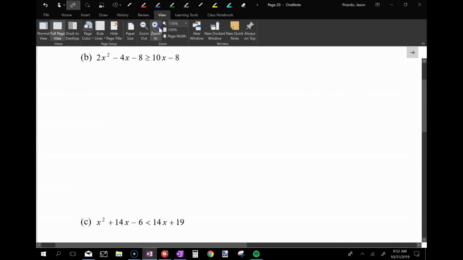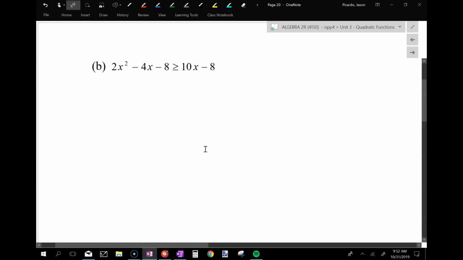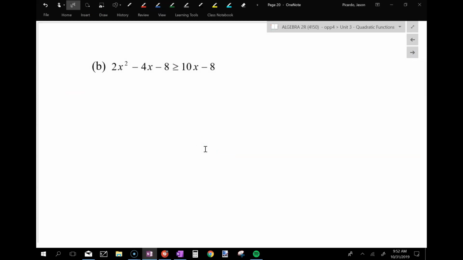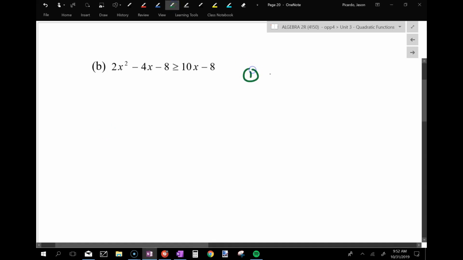How's this problem different? It only adds one small step to this process. Not much. It's not equal to 0, right? So we have to add one step: move all terms to one side.